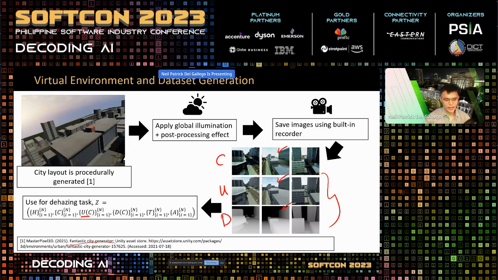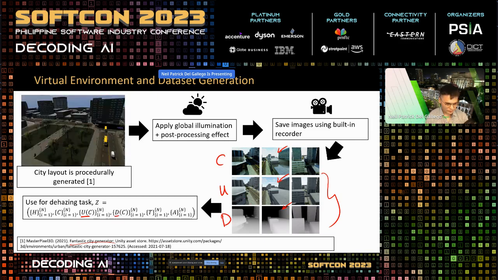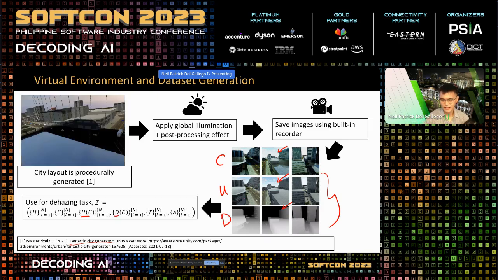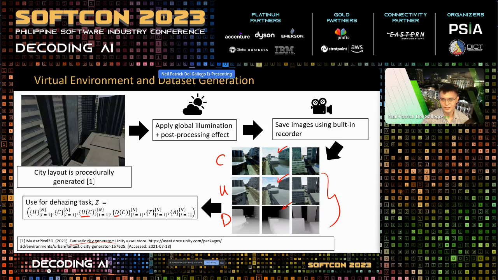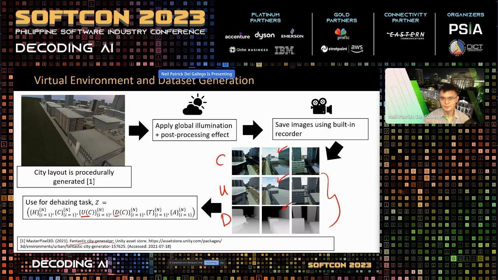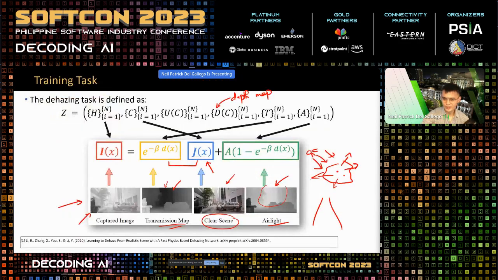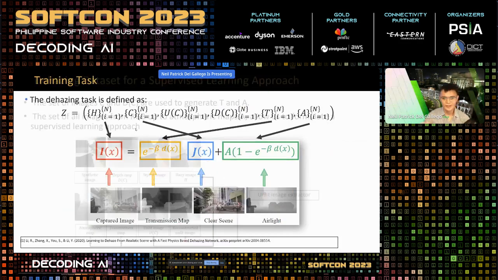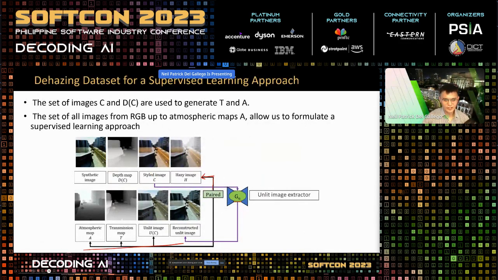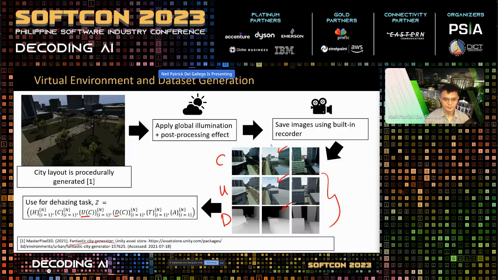And you have here yung depth map, which is yung D. So balik lang kayo dun sa atmospheric scattering equation. So if we go back there, ito. So balik lang kayo dyan. So i-plug in nyo lang yung mga images na yon, and you could basically simulate haze. Okay? So there.